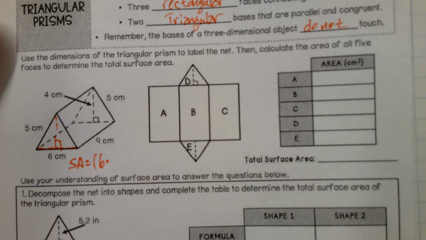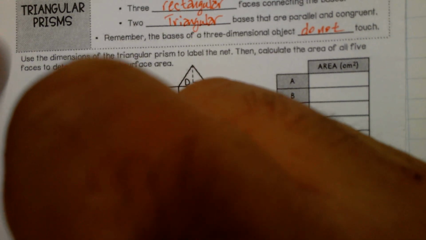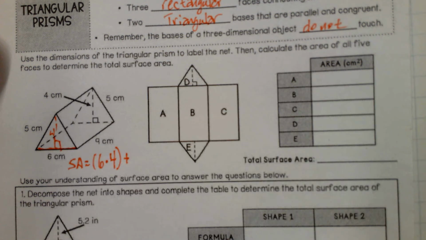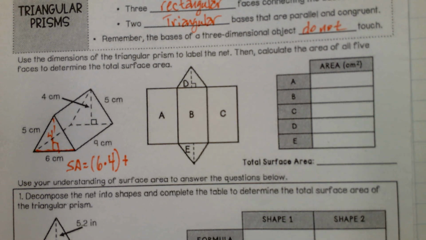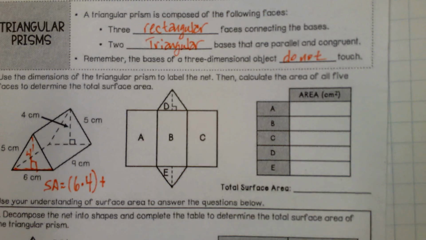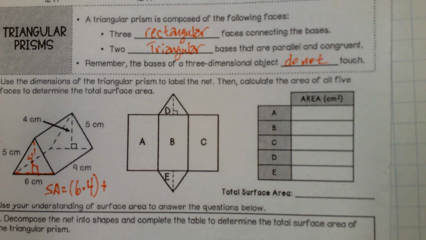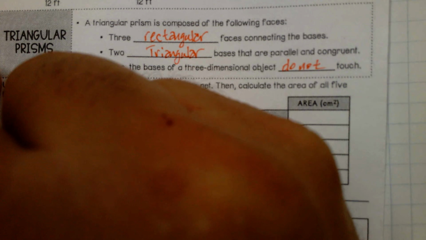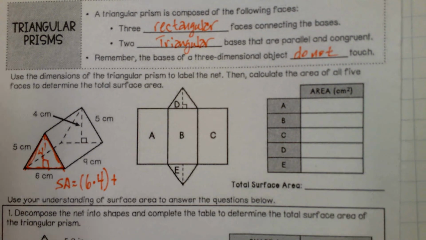What's the height? 4. It's on the other side, but we could just bring it over. It's 4. Plus, well, we need the perimeter, right? Can we find the perimeter, the distance all the way around this triangle?